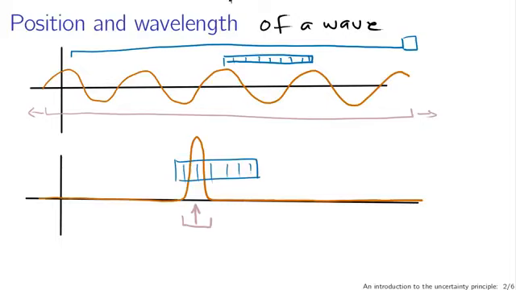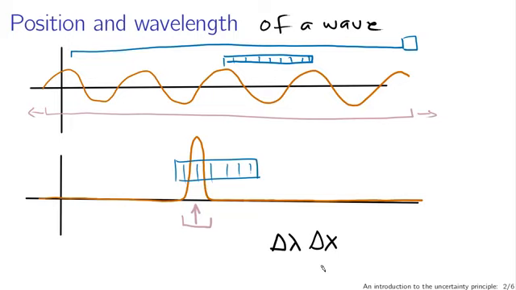It turns out, if you get into the mathematics of Fourier analysis, that there is a relationship between the spread of wavelengths and the spread of positions. If you have a series of waves of all different wavelengths and they're added up, the spread in the wavelength is related to the spread in positions of the sum.